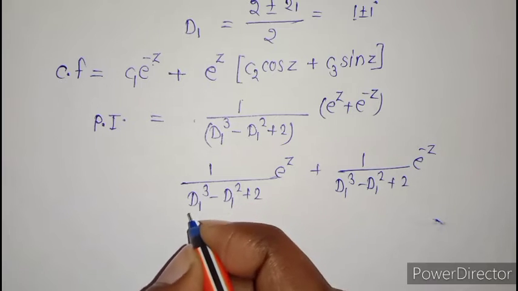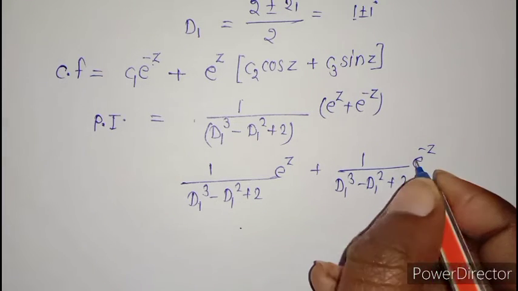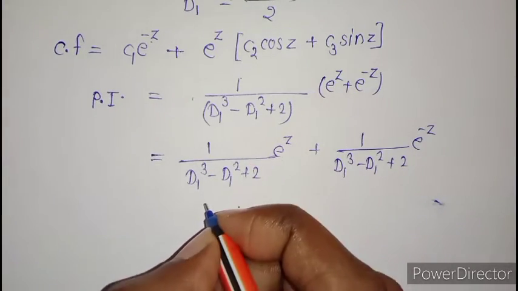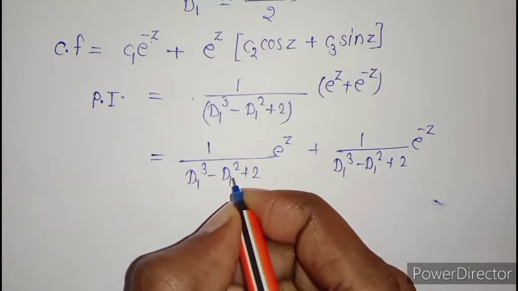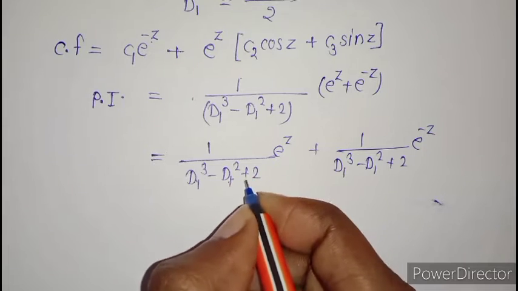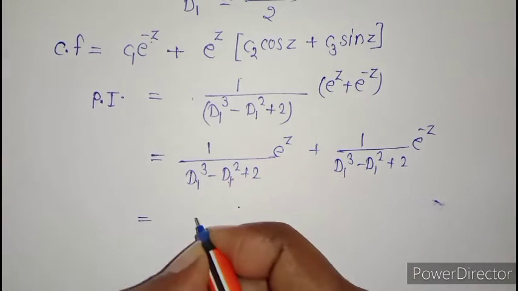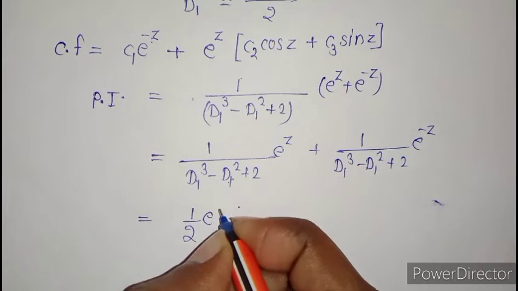Here we replace each D1 by 1, and here we replace each D1 by minus 1. If we replace, this becomes 1 minus 1, which is 0, so only 2 remains. So we get 1 by 2 e raised to power z here.